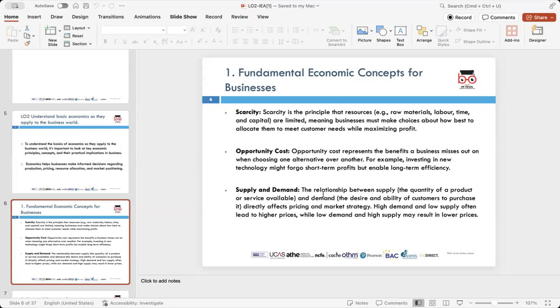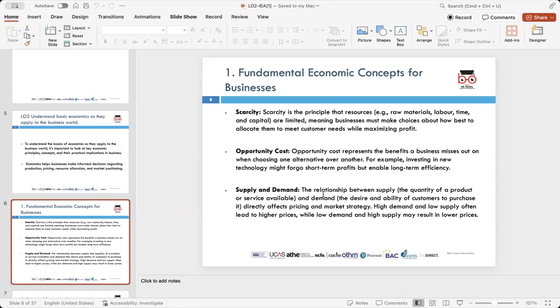Supply and demand. This is another important factor influencing business strategy. When consumer demand for a product rises, businesses often increase production and raise prices to maximize profits.